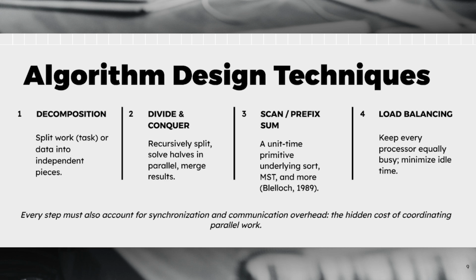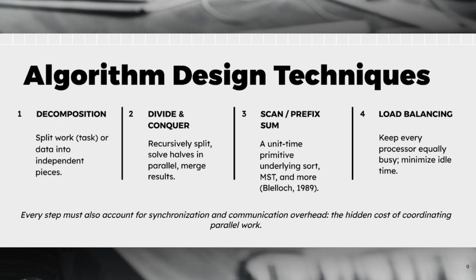One particularly important building block is the scan or prefix sum operation. Guy Blelloch's classic 1989 paper showed that scan operations can be treated as cheap, unit-time primitives in a parallel setting, and that a huge number of algorithms, things like radix sort, quicksort, and even minimum spanning tree algorithms, can be rebuilt around this one operation to run efficiently in parallel.